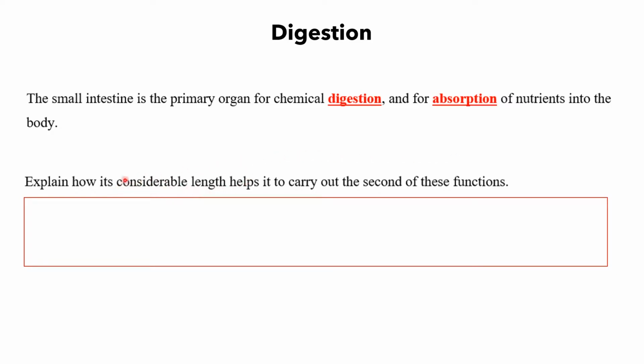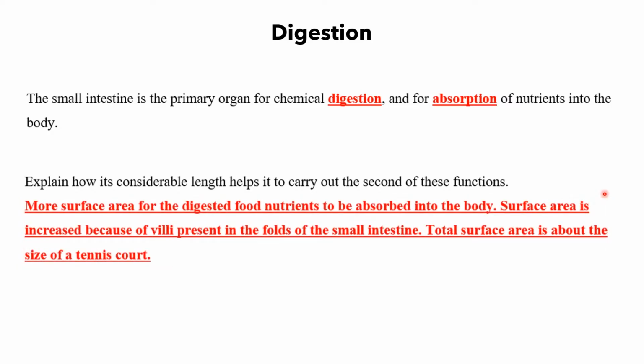What is it about the considerable length that's going to help carry out that second function, the absorption of nutrients? And what I want you guys to think about is how the longer the small intestine is, the more area there is for nutrients to be absorbed.